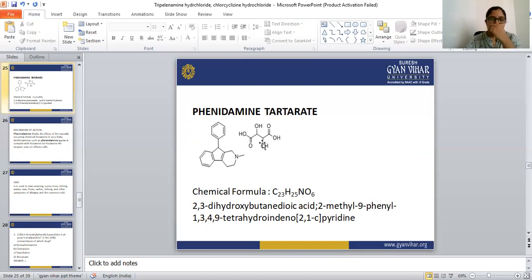Let's count the carbon: 1 to 23. So this is the structure and the chemical formula of phenindamine tartrate.